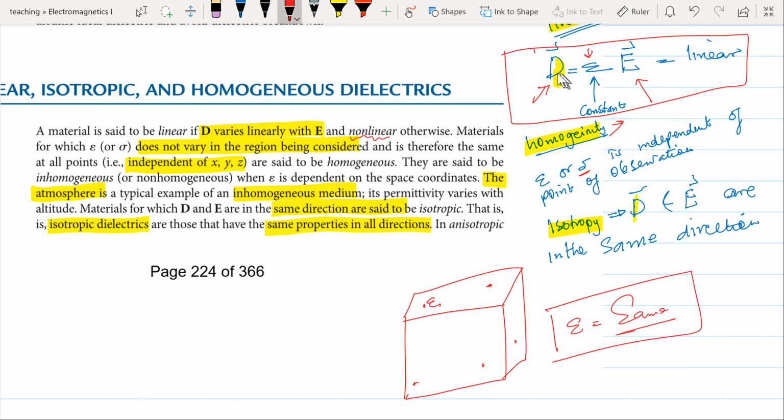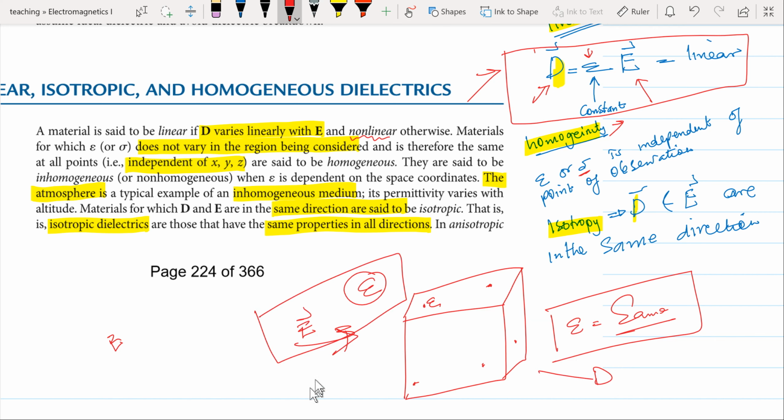This is different from the issue here, because the issue that we are discussing here is that if you vary E applied to this material and epsilon does not change, so you're applying E and epsilon does not change, and therefore you have D that is linear to these two.